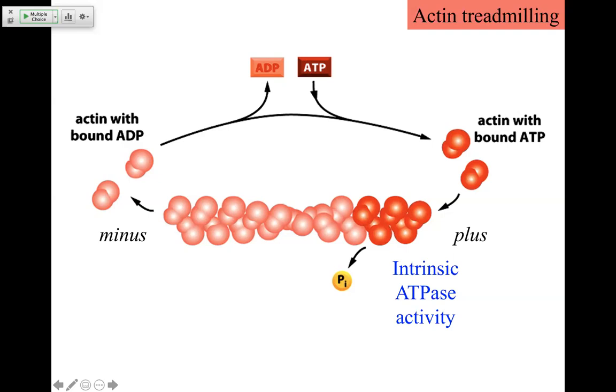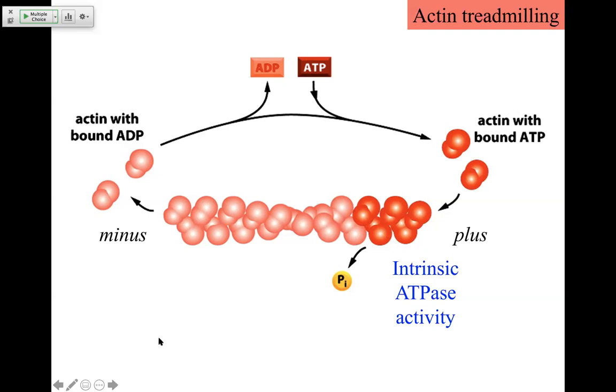But not all actin filaments grow at one end and lose at the other. Some actin filaments can be stabilized. There are a number of different types of accessory proteins that interact with these different types of filaments, whether we're talking about microtubules or microfilaments, that will stabilize the length of the cytoskeletal filament.